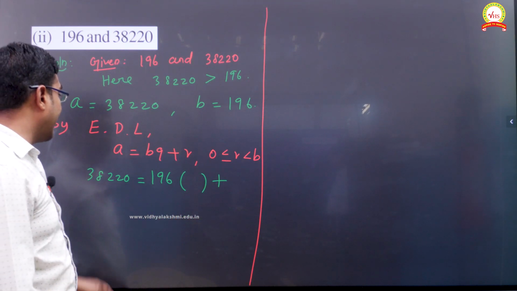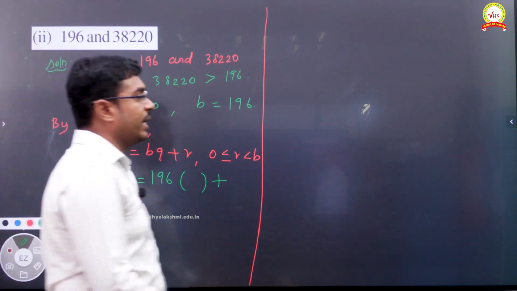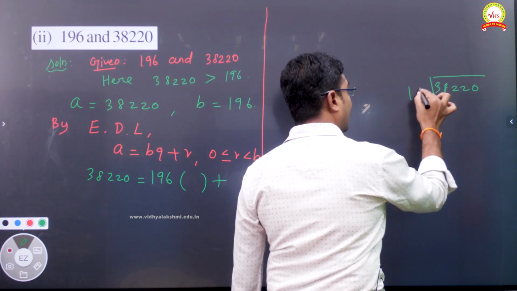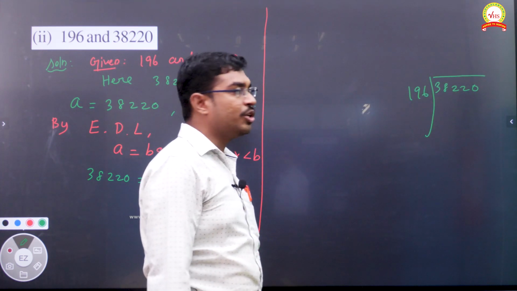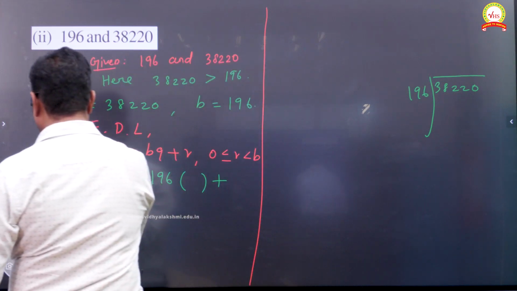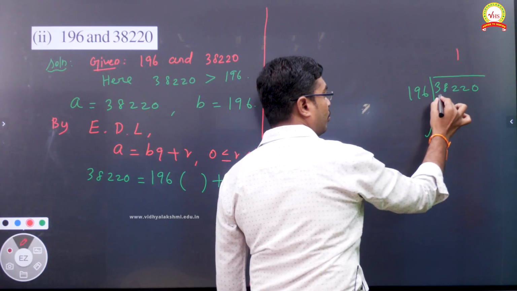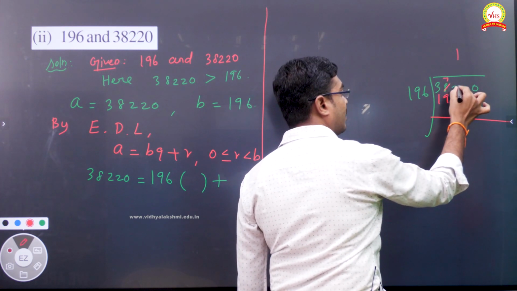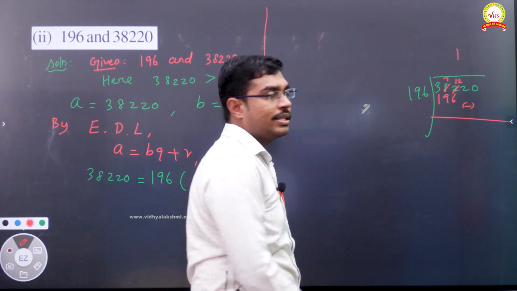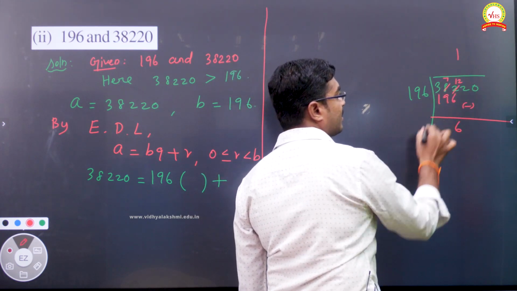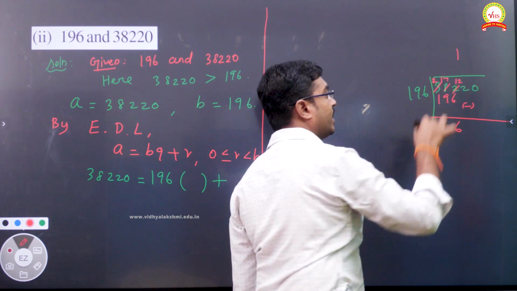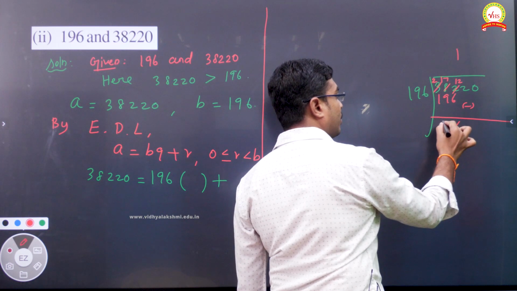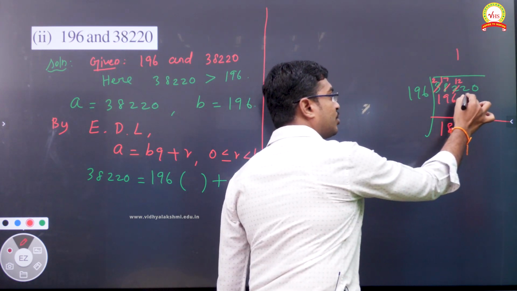Now we are going to divide 38220 by 196. So I am going to take 1 into 196, subtract it, take borrow, 12 minus 6 is 6. Here 7 minus 9 not possible. So here 2, here comes 17. So 17 minus 9 is 8. So 2 minus 1 is 1. Okay. Next 2 bring down.